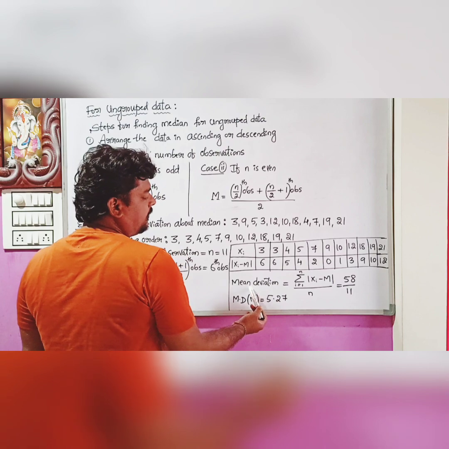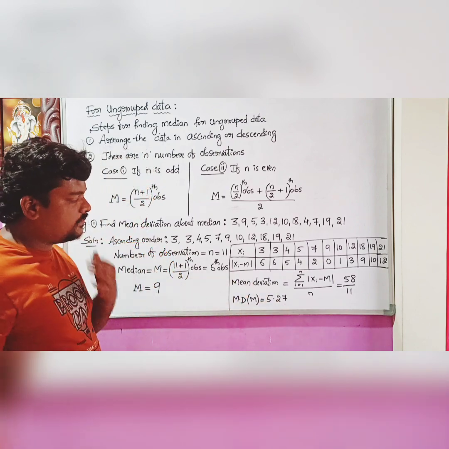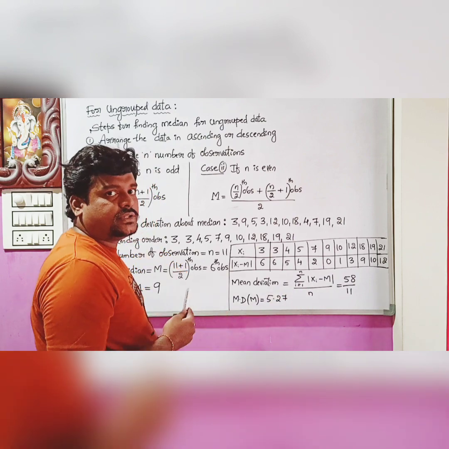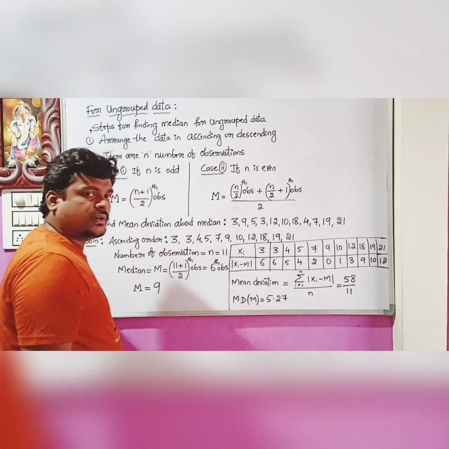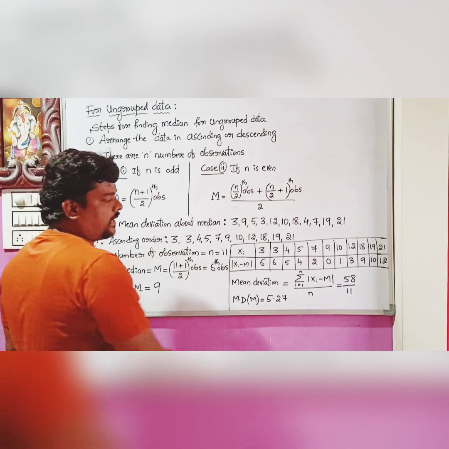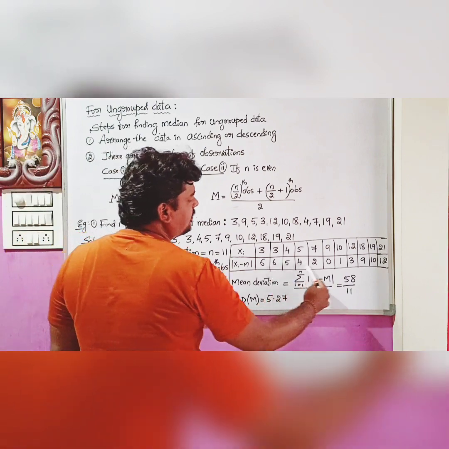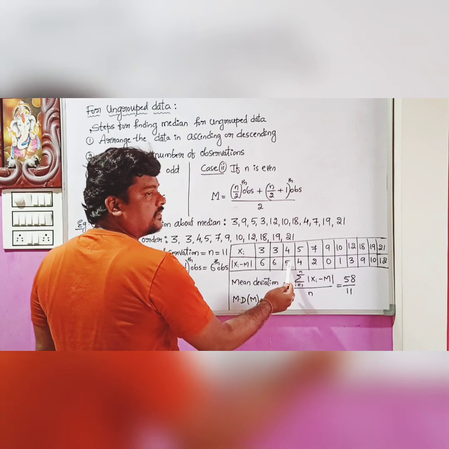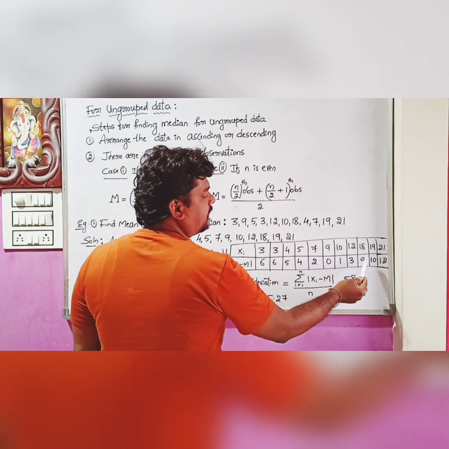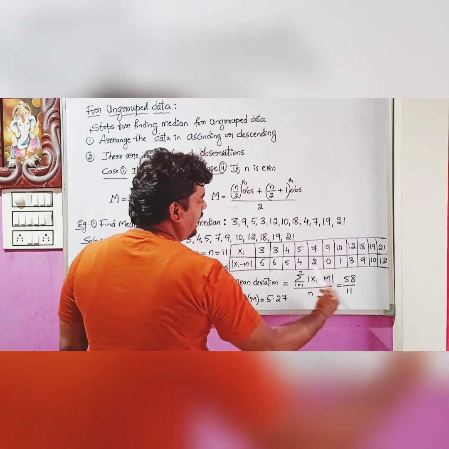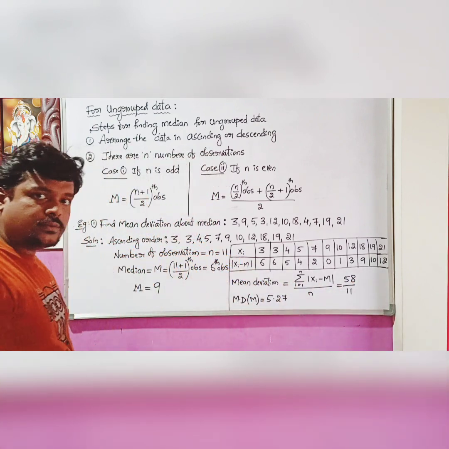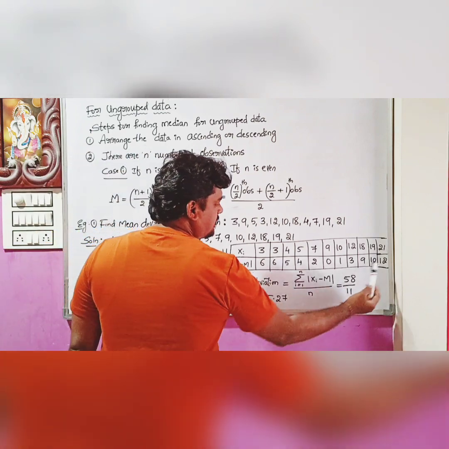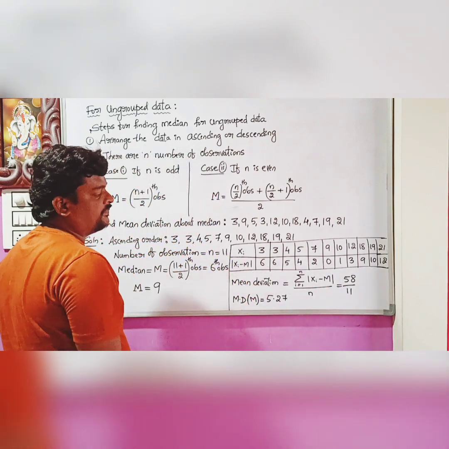Now the mean deviation formula: it is the sum of all absolute deviations divided by the number of observations. Adding these deviations, 6, 6, 5, 4, 2, 0, 1, 3, 9, 10, 12, you can use a simple calculator, we get 58.